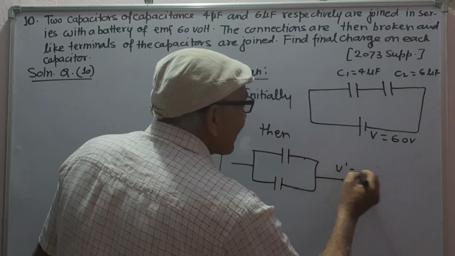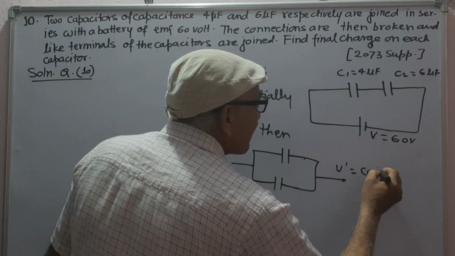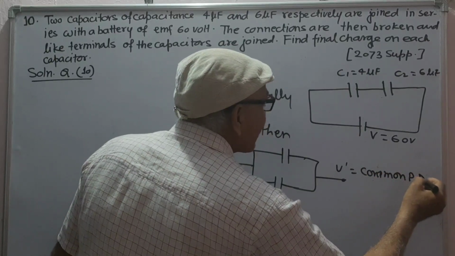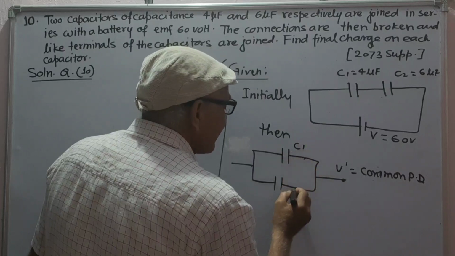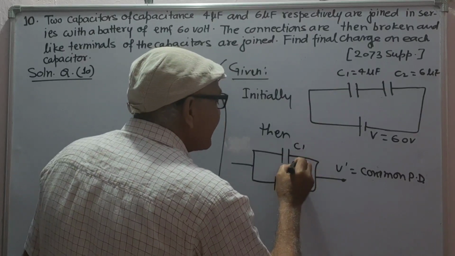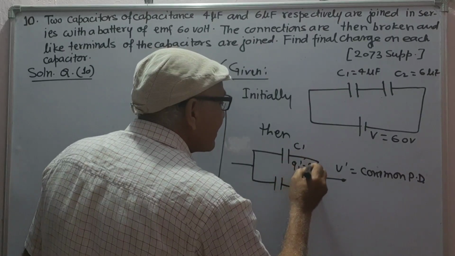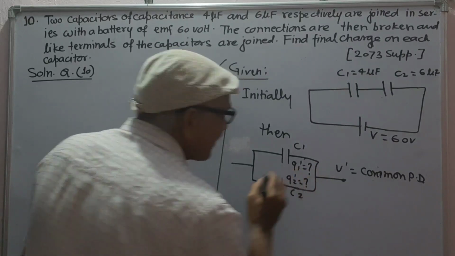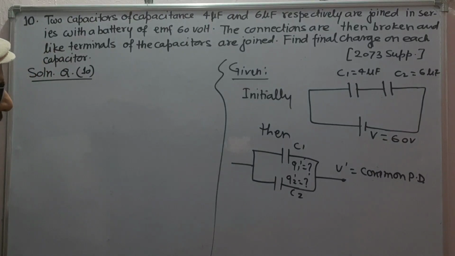Suppose this is the common PD. In parallel, C1, C2, we have to find Q1 dash and Q2 dash in parallel.